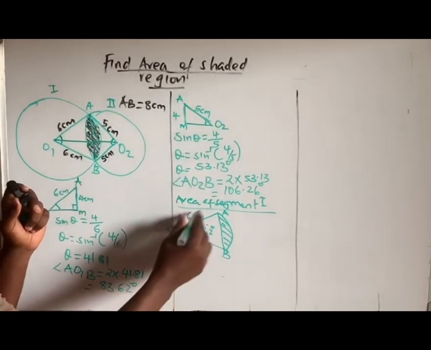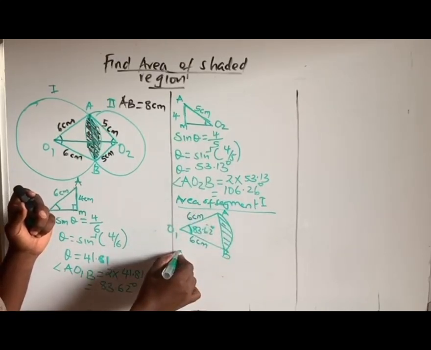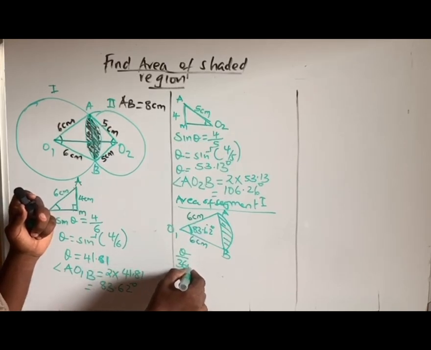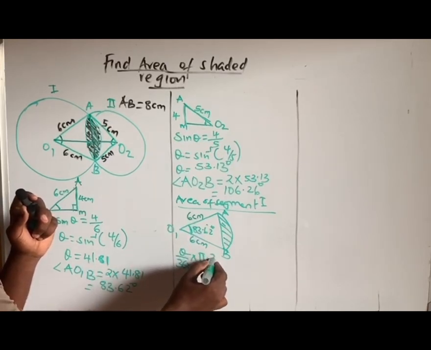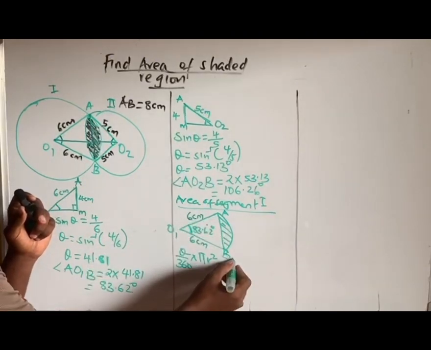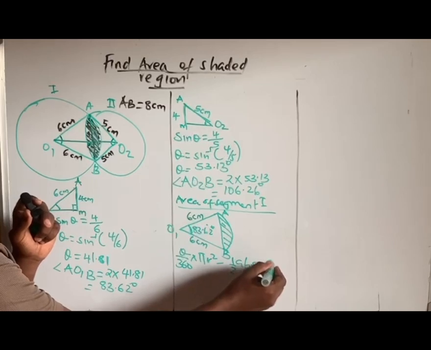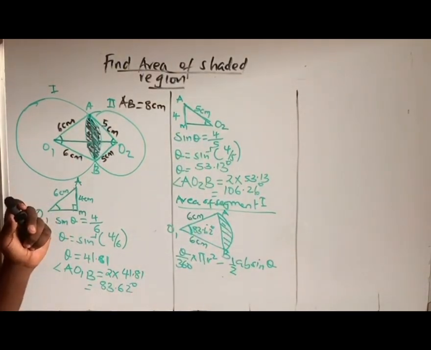So how do we get the area of this figure? This figure is called a sector. So the whole figure is the area of a sector. Sector is theta over 360 times pi r squared. Then we subtract the unshaded part, which is a triangle, using half AB sine theta. So we know theta, that is 83.62.